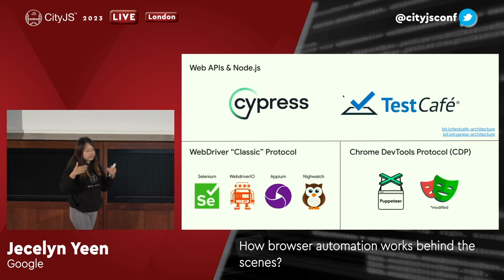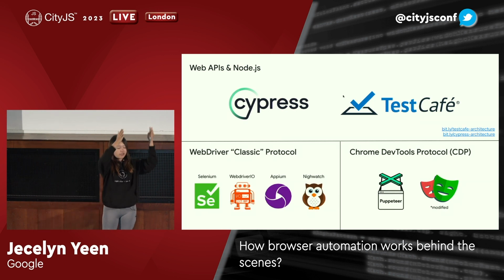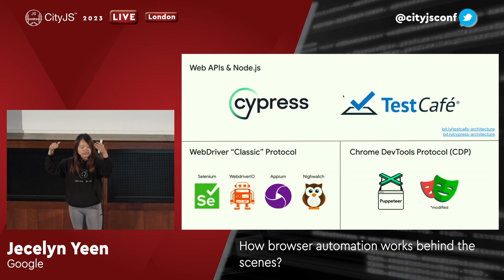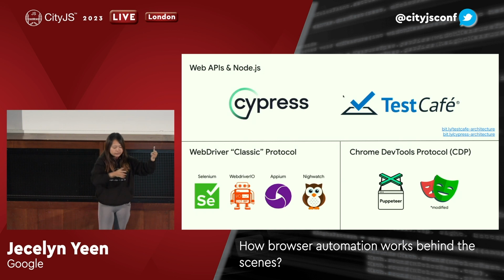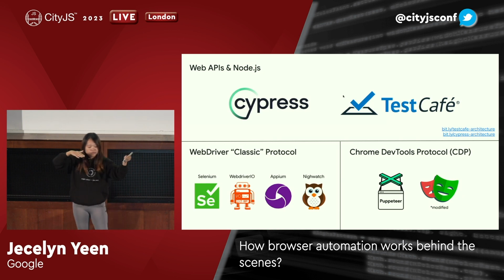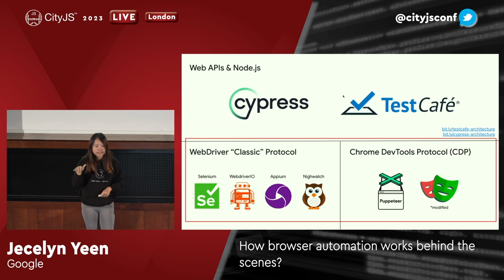That's when you need something called a protocol. So we have the WebDriver Classic protocol, and we have the Chrome DevTools Protocol, which is called the CDP. So you have these two categories, and Cypress and TestCafe also use CDP to automate something at a lower level. Today, I will show you a demo on how the WebDriver Classic protocol and CDP work behind the scenes.